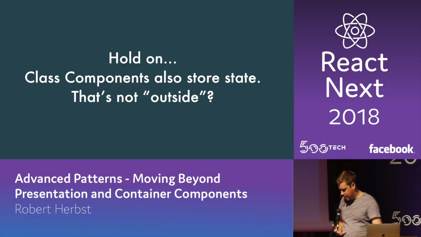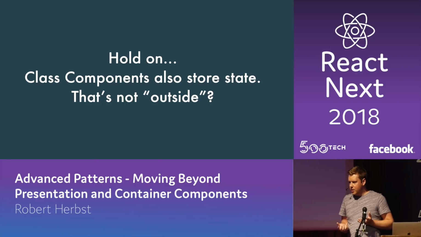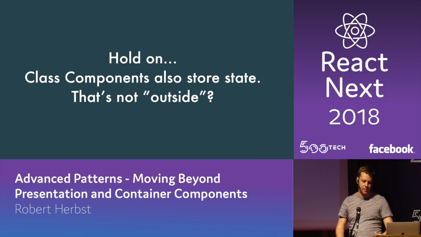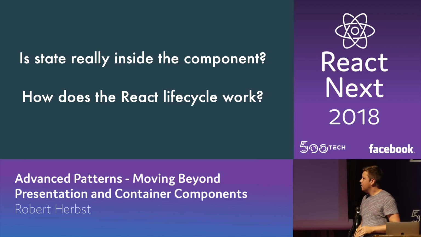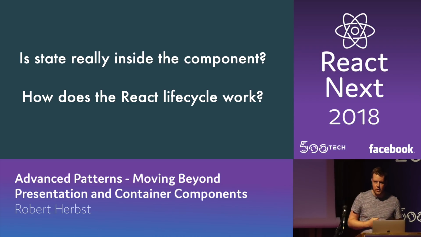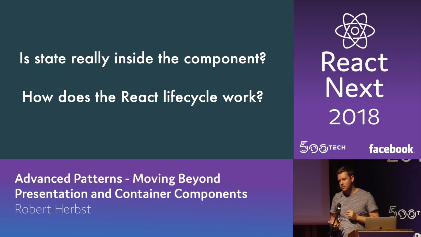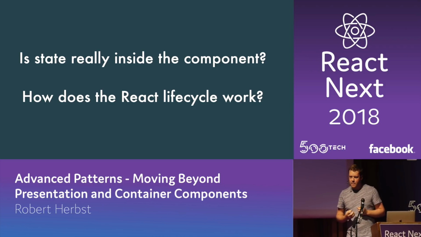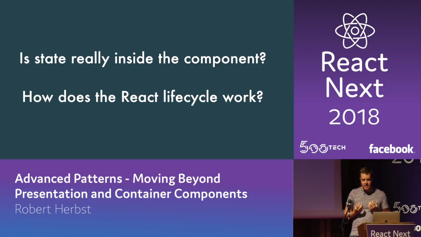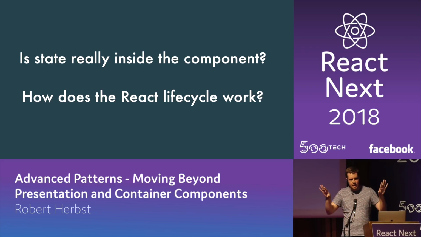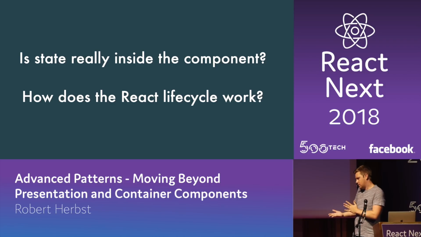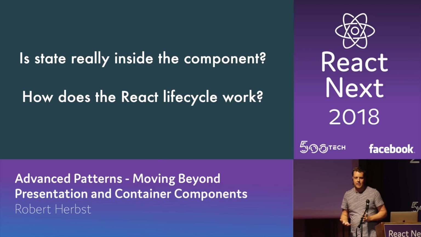Now, I said that class components represent being connected to something outside of the component tree. Is state really inside the component? That's another reason you use class components. You use them to do local setState. And it might feel initially that state is inside the component. You don't see it leaking out, you can't access it from anywhere else. But in my opinion, it's external to the component because it ties into the React lifecycle.